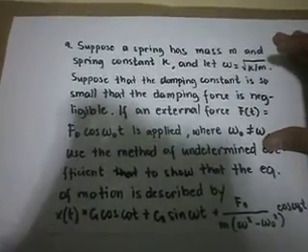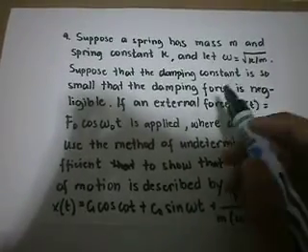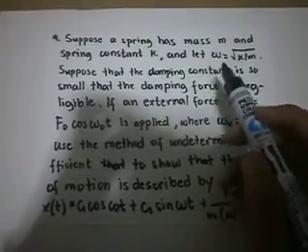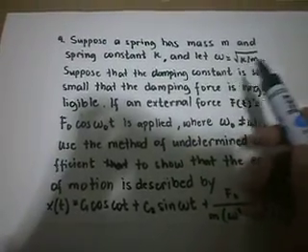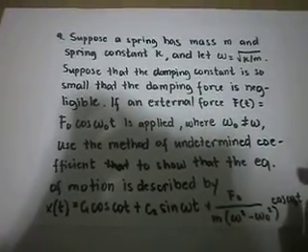So this is our problem. Suppose a spring has mass m and spring constant k, and let omega be equal to the square root of k over m. Suppose that the damping constant is so small that the damping force is negligible.